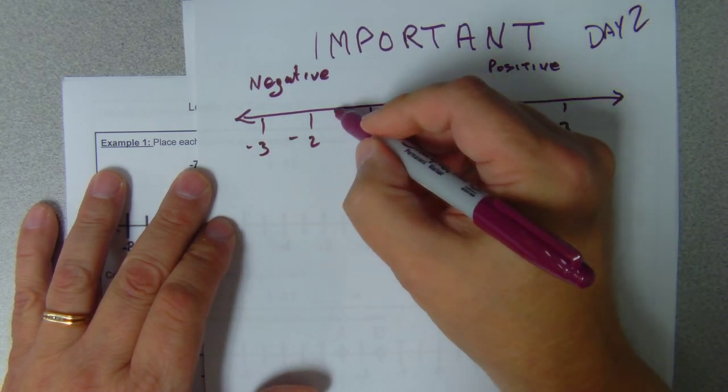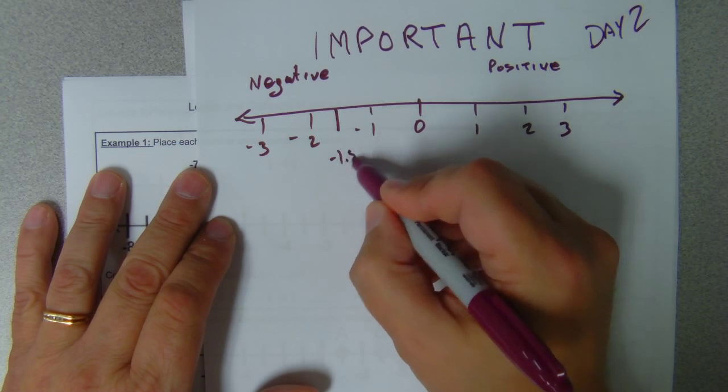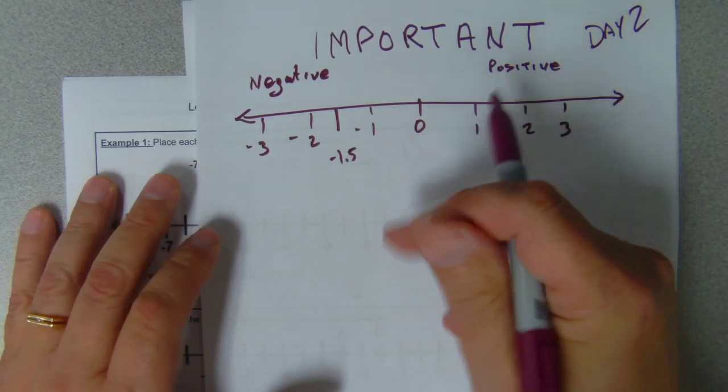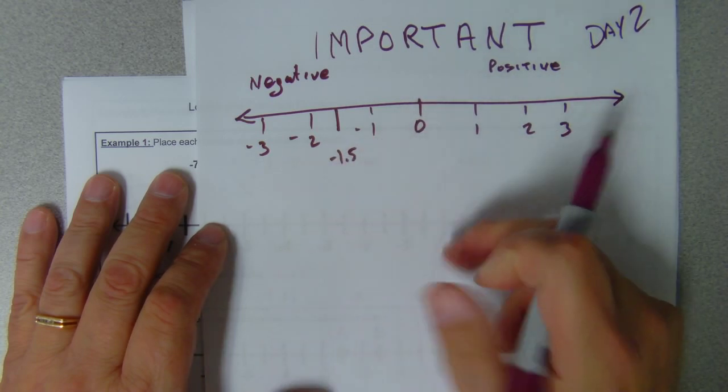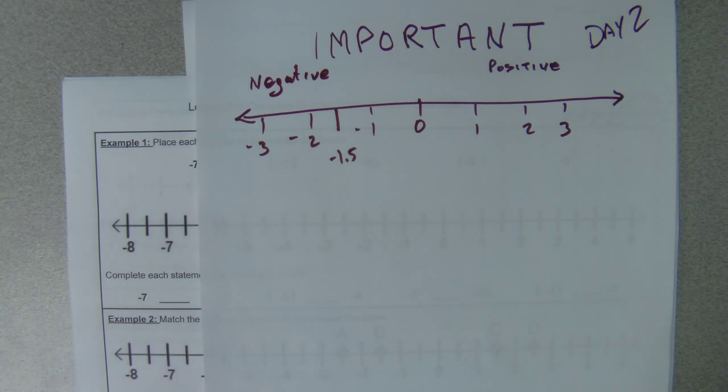And we also learned that, hey, this is negative 1.5. It appears on this side of negative 1, not this side. Okay?